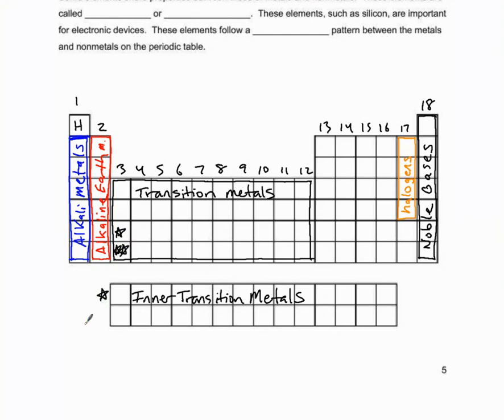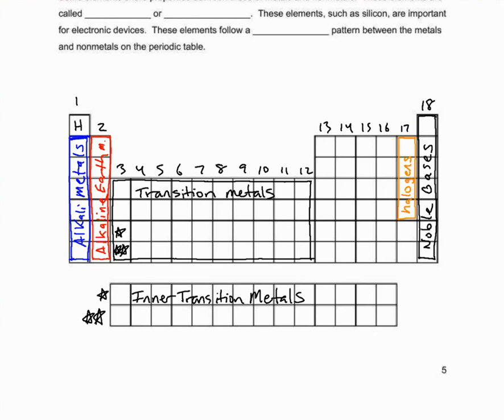And basically what it is that everything from here to here fits in this one space right here. It would all just be crammed in there. And so you're basically going to insert all of this right here. So those are the inner transition metals.